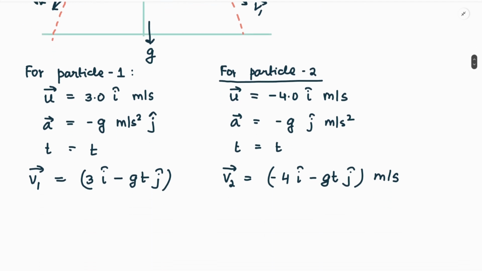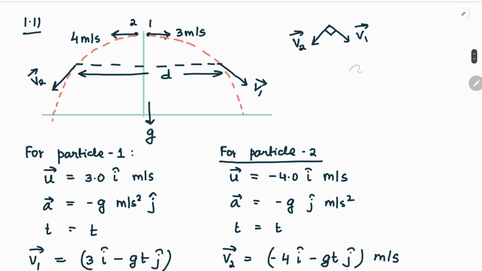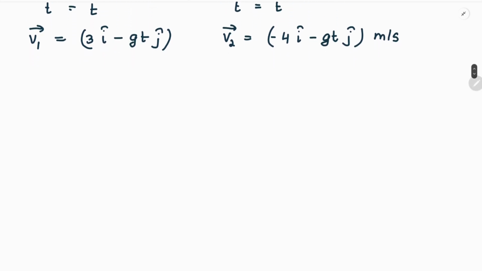So these are the values of v1 and v2 respectively. If v1 vector is perpendicular to v2 vector, then the dot product of the two velocities must be equal to 0. So from the equations of v1 and v2, v1 vector dot v2 vector is equal to 0.